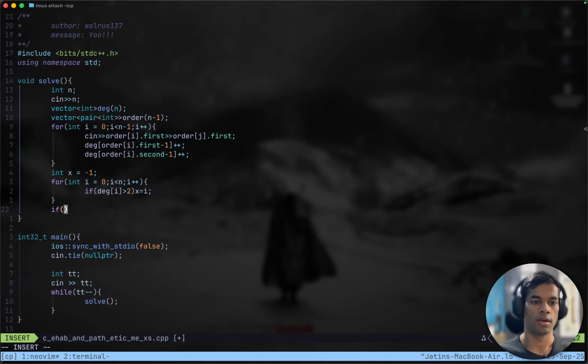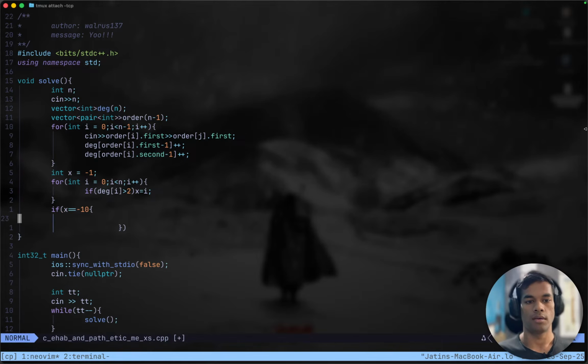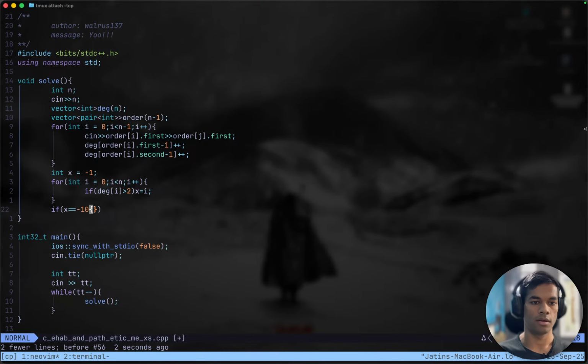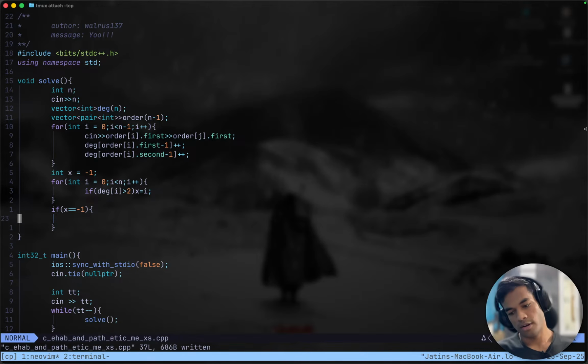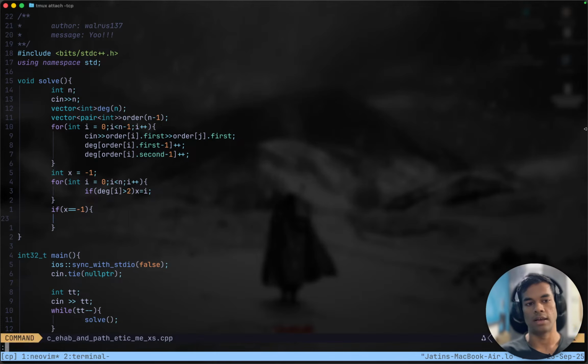That is cool. Now, if x equals minus 1, then the order does not matter and everything is in a singular line, right?